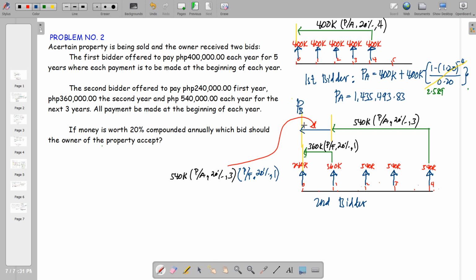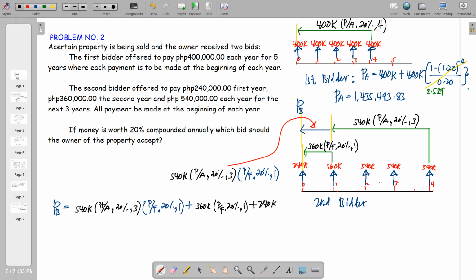So we denote this as present worth of B or offer of B. So computing for PB, we have equal to, we copy this one, then we add this, and then add this 240,000 that is coinciding with this year 0, and just substitute all of the formula.